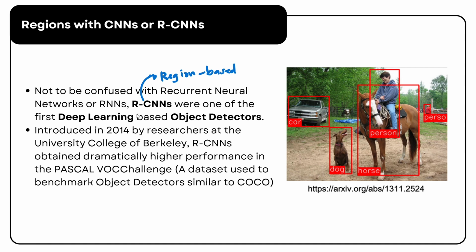So, what exactly are RCNNs? RCNNs were introduced in 2014 by researchers at UC Berkeley. The RCNN was one of the first deep learning based object detection methods.